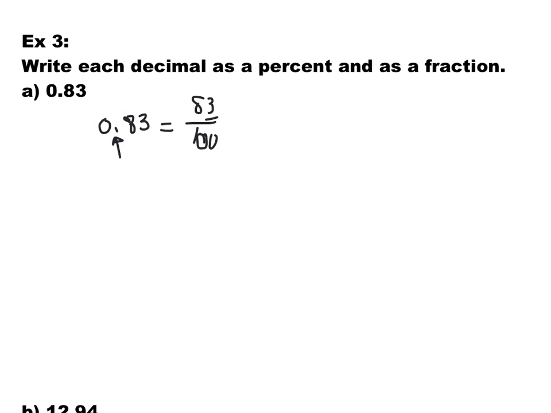But 83 over 100, as we did before, is the percentage representation. So this is equal to 83%. So if you get a decimal value multiplied by 100, whatever number you get, like 83 divided by 100, this is going to be the fraction form. And then since the denominator is 100, the percentage form is the numerator. So it's 83%.